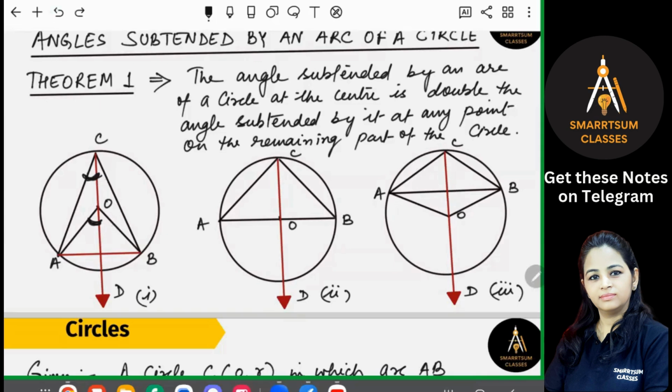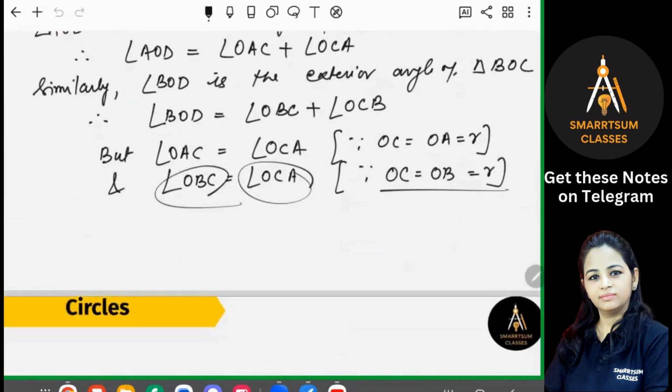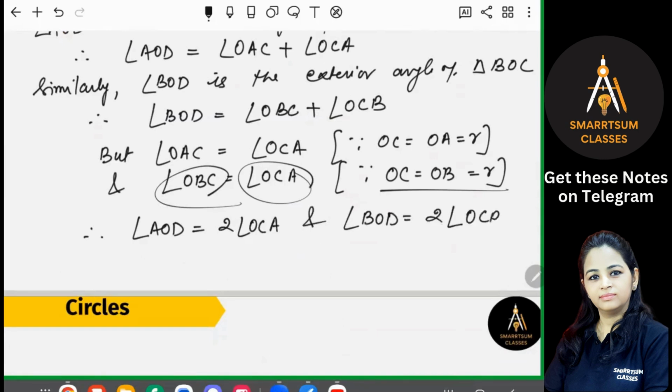So write it down. Angle AOD is equal to twice of angle OCA, and angle BOD is equal to twice of angle OCB, right? Okay.